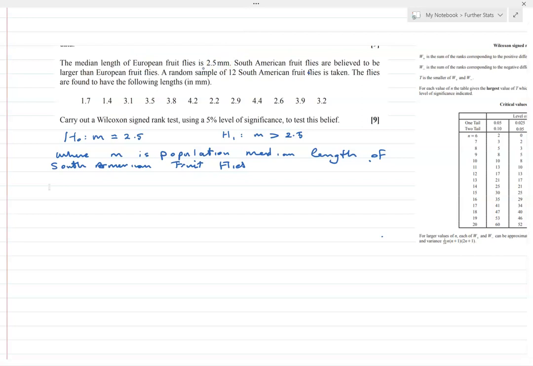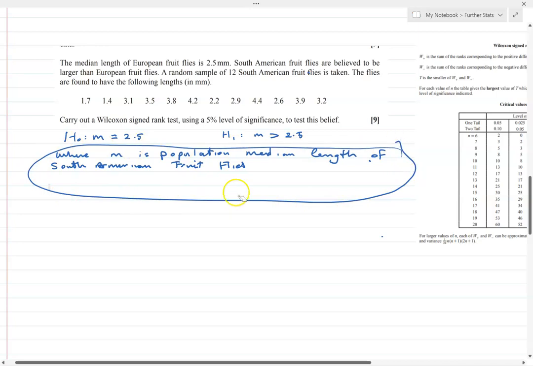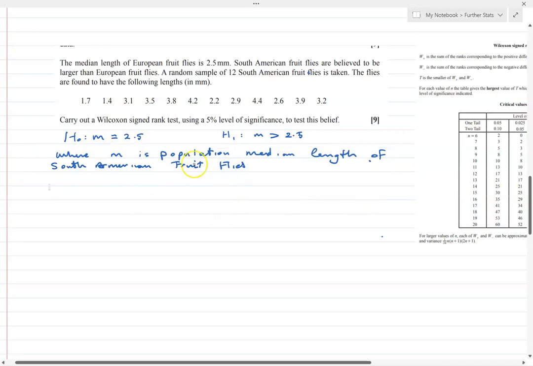So the null hypothesis is that the South American median is also 2.5, and the alternative hypothesis is that it's more. We need to define what we mean by median as well, and the population is an important word to include here, because a hypothesis is always about the population in these tests.